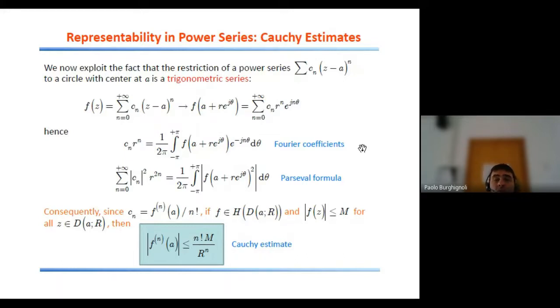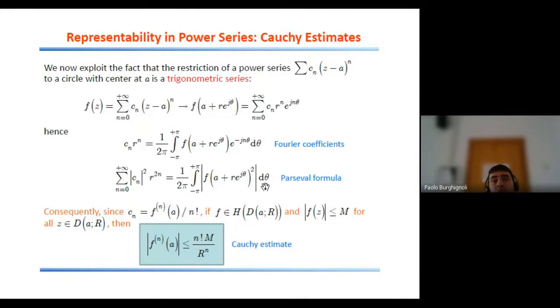And you also have all the results known from the Fourier theory, for example, the Parseval formula. So if you evaluate the infinite summation of the squared absolute values of the Fourier coefficients, the sum of this series, which is convergent, is equal to 1 divided by 2 pi times the integral from minus pi to plus pi of the absolute value squared of the function, where the integration is made with respect to theta.